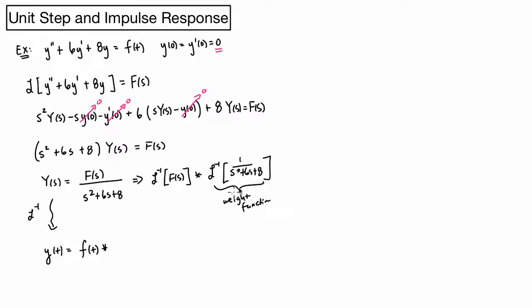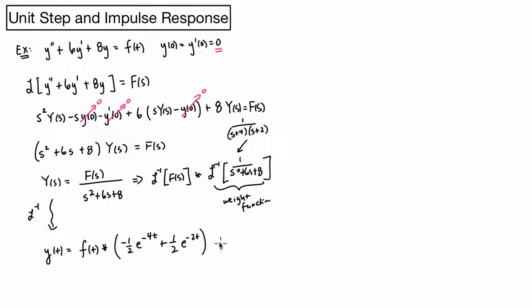Now, it turns out that this factors, so this is actually 1 over s plus 4 times s plus 2. So we can see that that would involve an e to the minus 4t and an e to the minus 2t. And if you do partial fractions there and separate them out, what you'll end up with is minus 1/2 e to the minus 4t plus 1/2 e to the minus 2t.